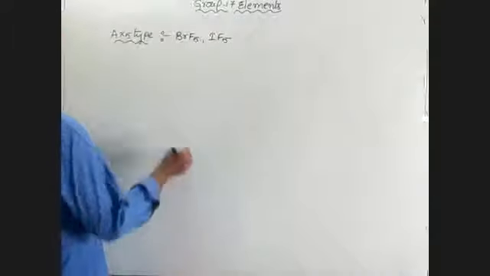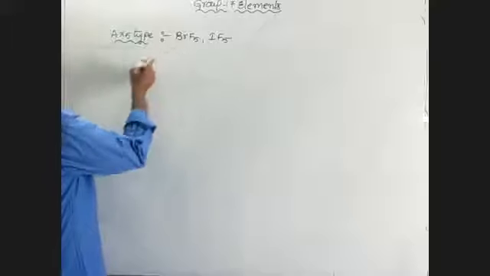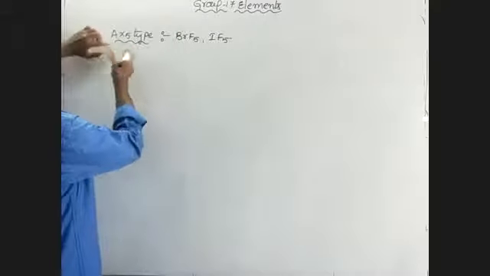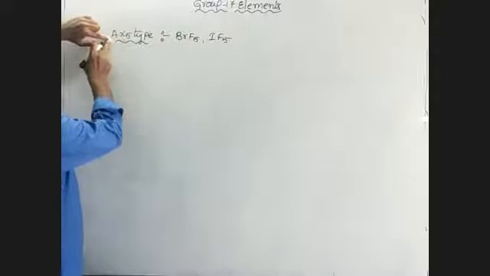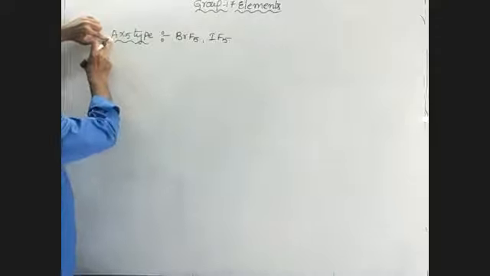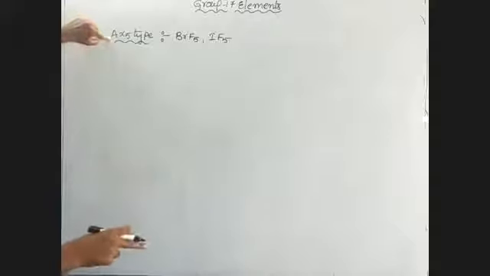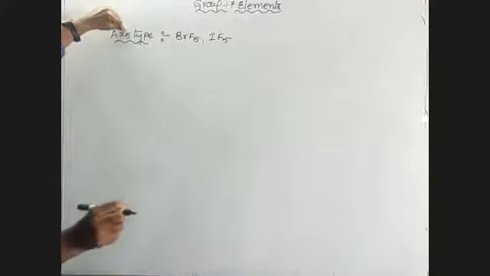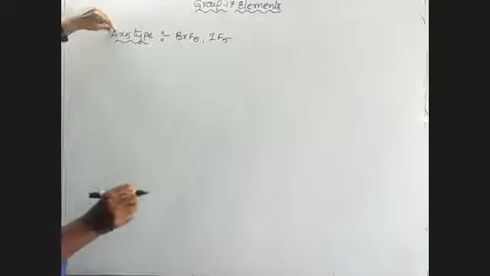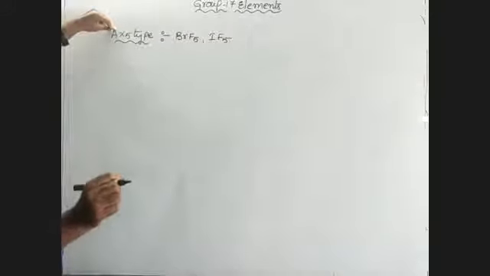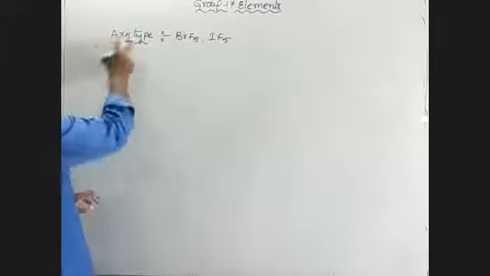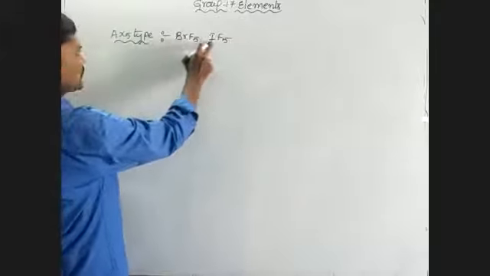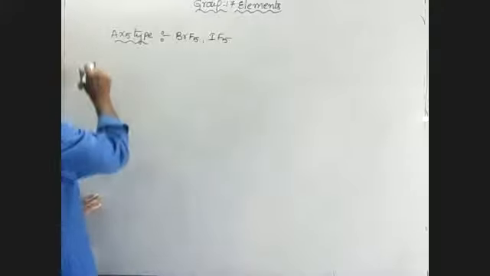Directly I am telling about the structure of AX5. Here A means the bigger halogen atom, and X is the smaller halogen atom. The bigger one acts as the central atom. You take any example, for example BrF5 or IF5.